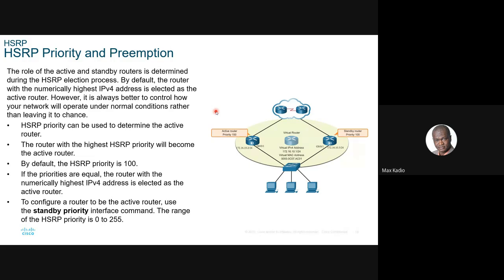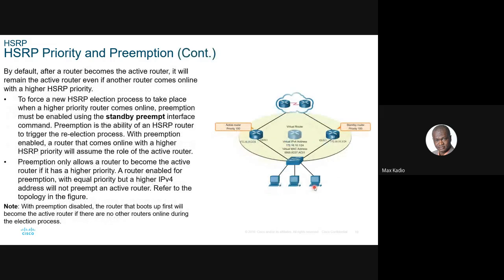Okay, so this is what we'll be doing for this chapter: how to combine two routers into one virtual router so that if one fails, the other takes over, and make sure all the PCs won't feel it. No breakdown, it's automatically done. The employees will not notice anything.